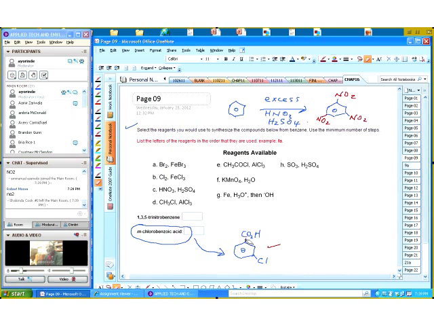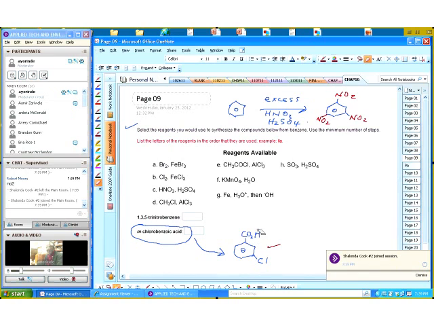Do we know any reagent that would directly add a carboxyl group to the benzene ring? Do you know of any? No? Very good.